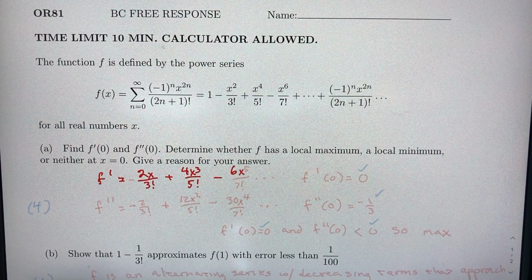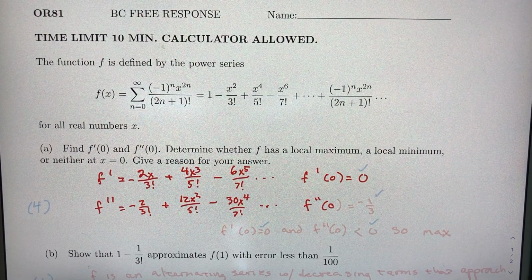Minus sign is coming, oops, in the first term. Notice 3 factorial is 6.